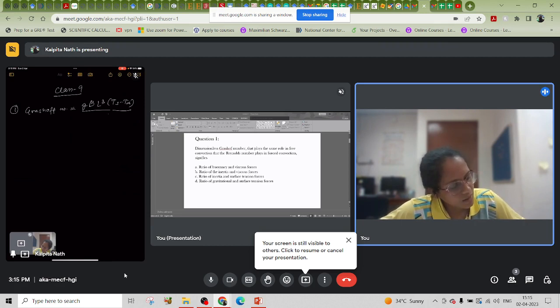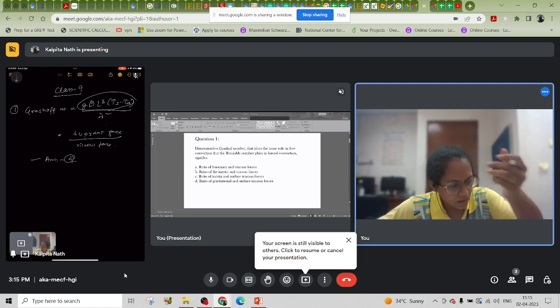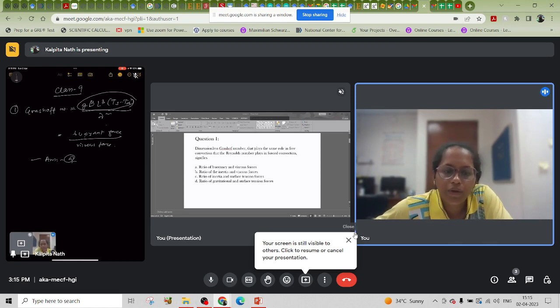Obviously, this is the buoyant force, and this is the kinematic viscosity, so this is the viscous force. So the answer is option A, the ratio of buoyant force to viscous force. Now, let us proceed to question number 2.